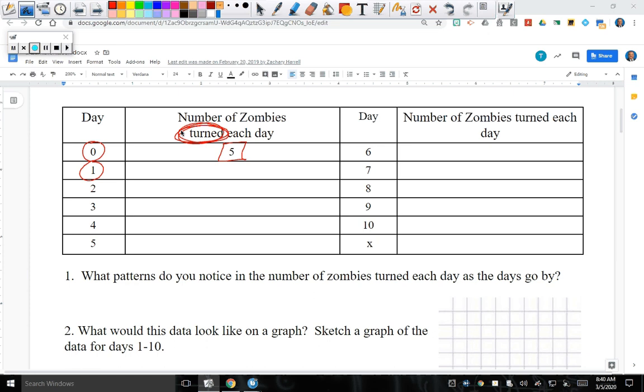Because what did we do? We multiplied by 3. There was 5, and we multiplied by 3 to get 15. Okay? So now that there was 15 from the day before, on day 2, we're going to multiply that by 3. It's like multiplying 15 by 3. You see what I'm doing? Which will give us 45.